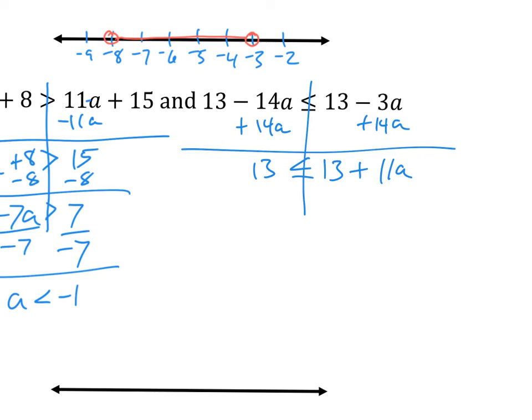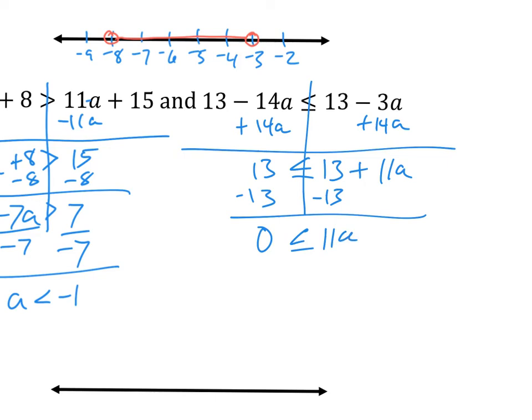Okay, and we want to get that 11a by itself, so we'll subtract 13 on both sides. And 13 minus 13 gives us 0, but that's an okay answer to have, right? We can have the number 0. So that will be 0 is less than or equal to 11a.